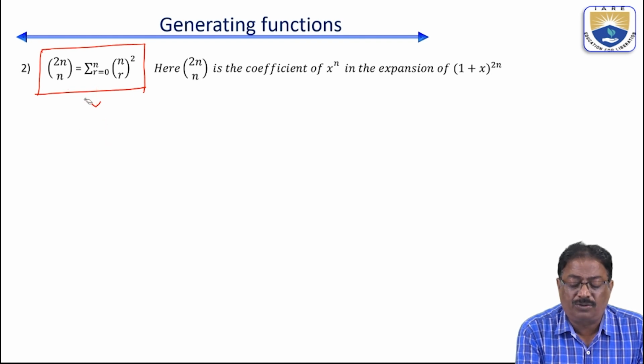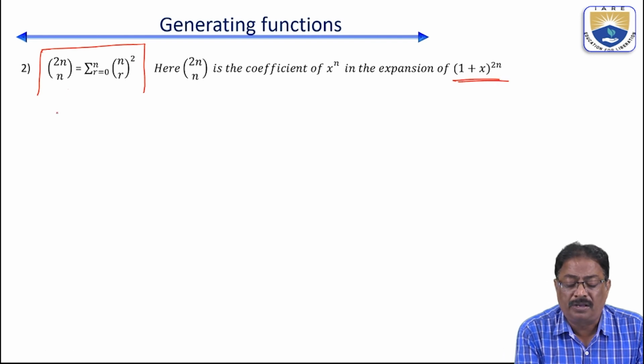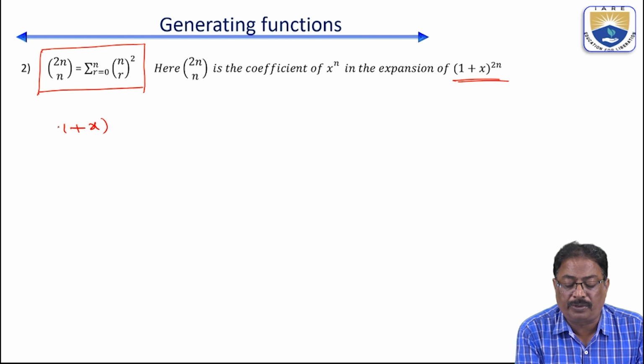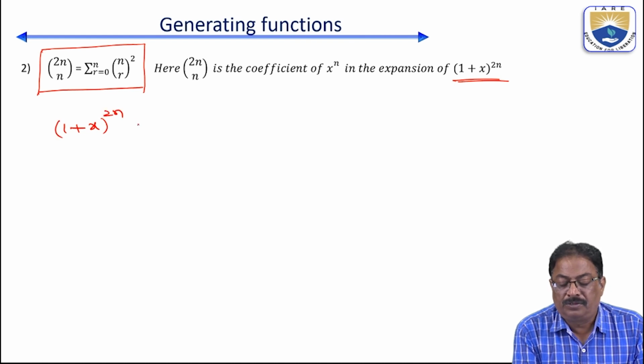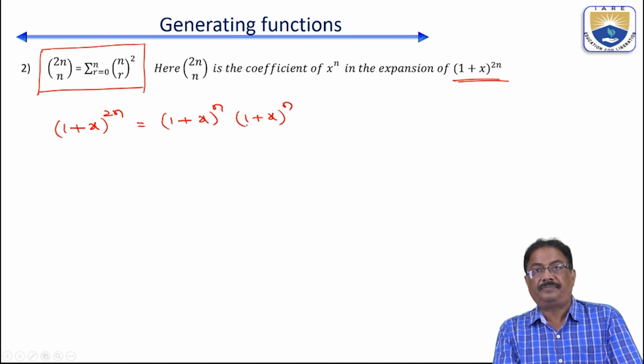Before finding that, 2nCn is the coefficient of 1 plus x whole power 2n. So I am taking 1 plus x whole power 2n, and writing it as 1 plus x whole to the power of n times 1 plus x whole to the power of n.